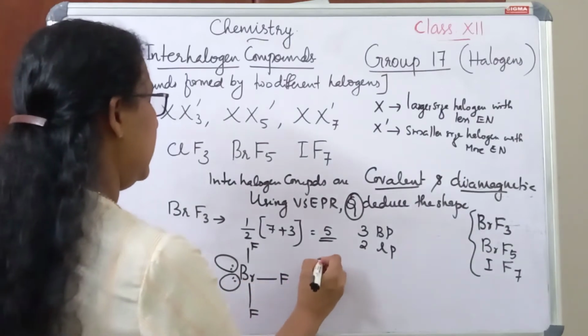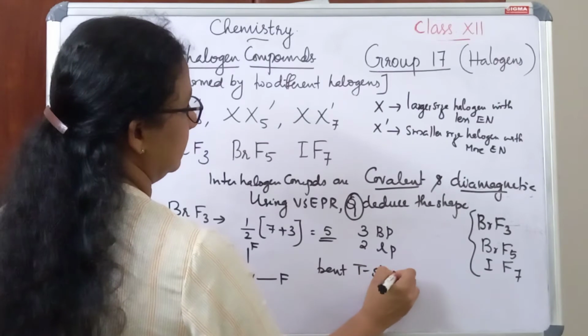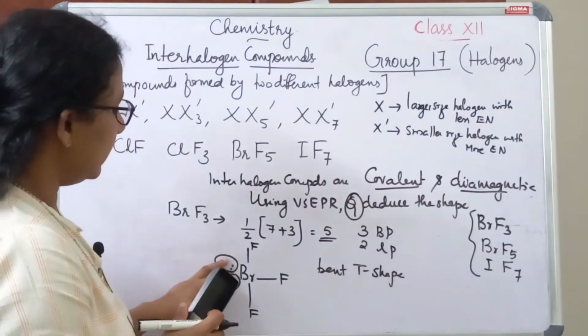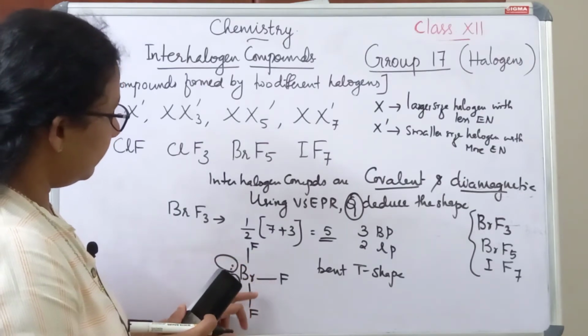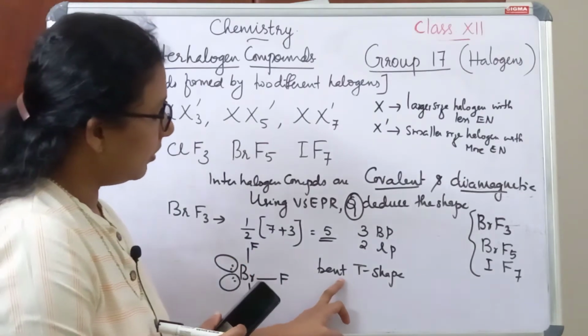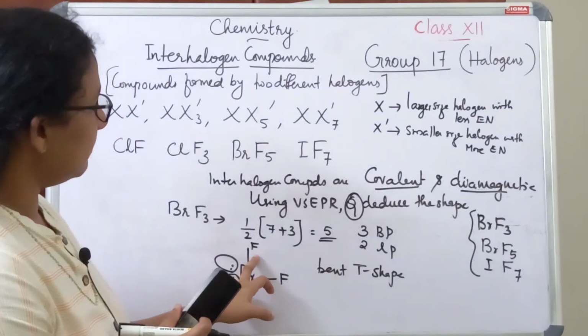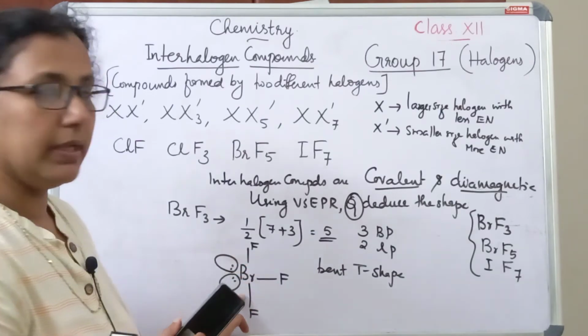So this is actually bent T shape. In order to minimize the repulsion between lone pair and lone pair and bond pair, it will be the shape of bent T. So since it is having bond pairs and lone pairs, we will not get a trigonal bipyramidal shape.